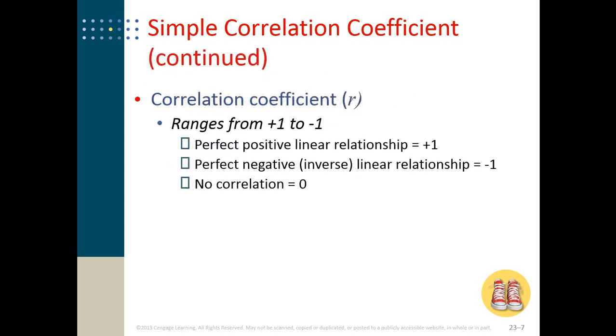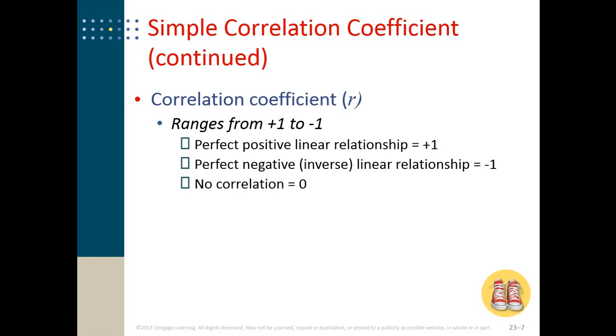When the correlation coefficient is positive, we say that there is a positive relationship between two variables. And when the correlation coefficient is negative, that means there is a negative relationship. And when the correlation coefficient is 0, it means that there is no relationship. Correlation coefficient +1 means there is a perfect positive correlation.